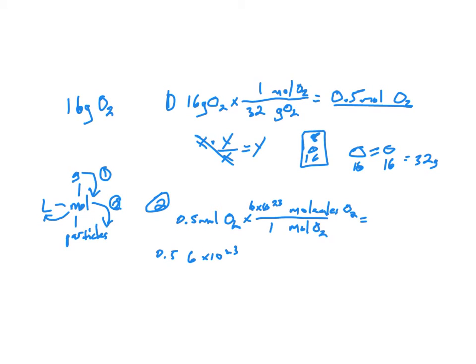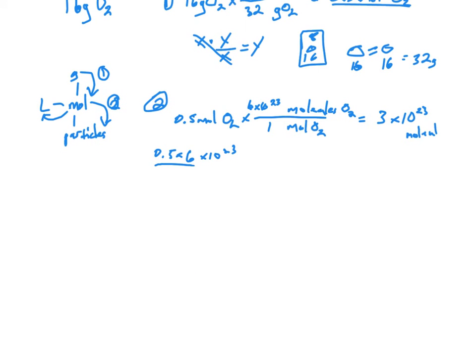So 0.5 times 6 is equal to 3. So that gives us 3 times 10 to the 23rd power. Okay, and that would be our answer. But then we need to include units, so that's 3 times 10 to the 23rd molecules of O2. And that's the answer.